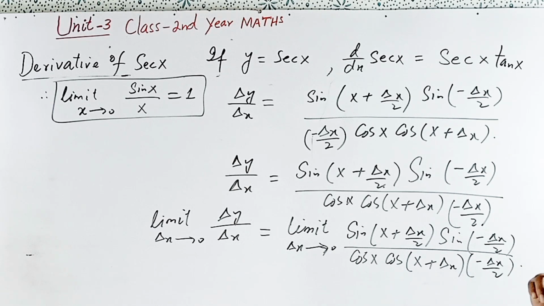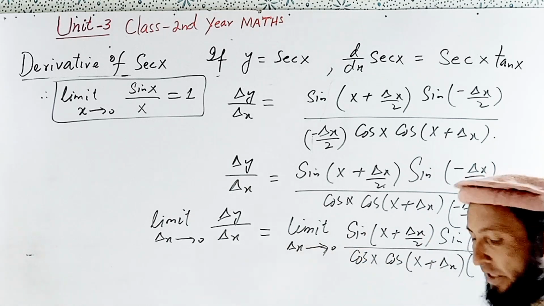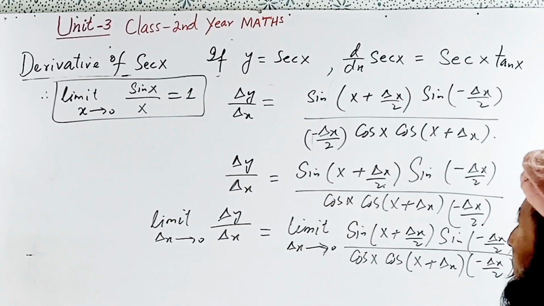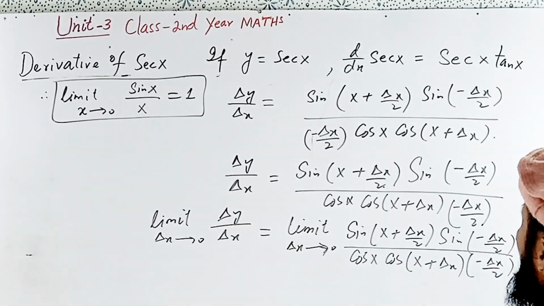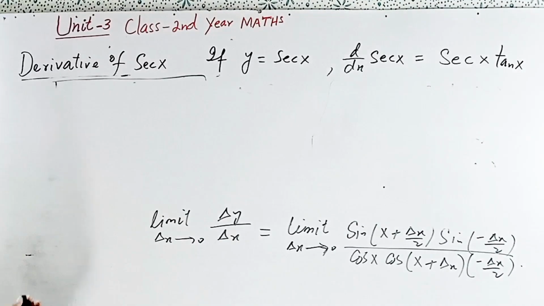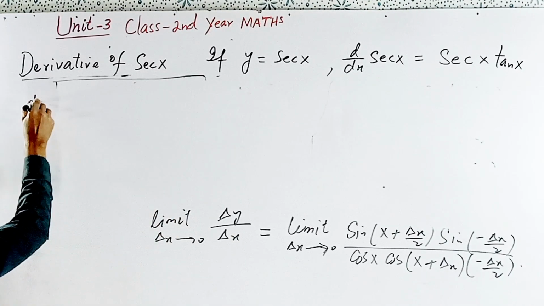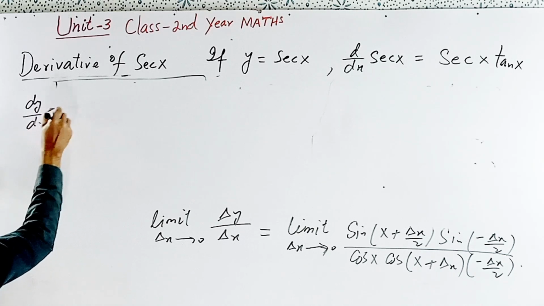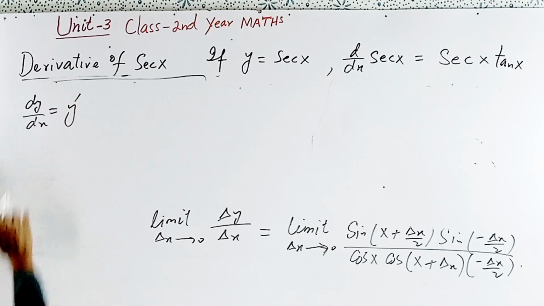Now applying this limit to the numerator and denominator terms, we get dy by dx, that is y prime.